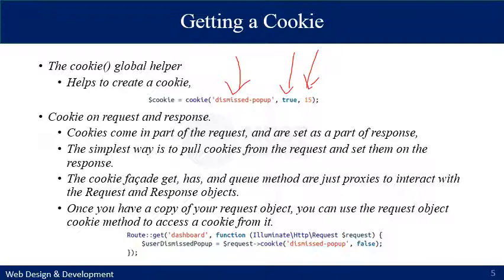On the other hand, the Cookie facade get, has, and queue methods, which we discussed in the last slide, are just proxies to interact with the request and the response objects. So once you have a copy of your request object, you can use the request object cookie method to access a cookie from it. You can access the request cookie helper and access the same cookie you set in the last slide.